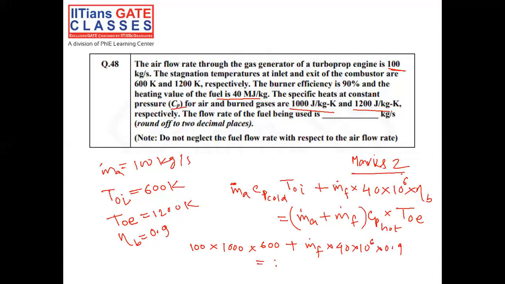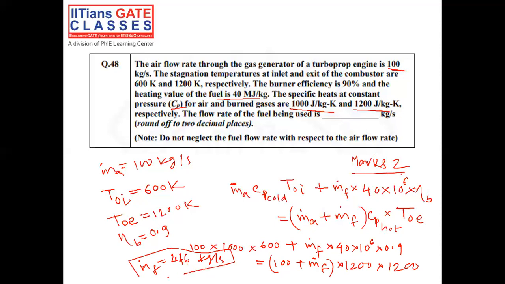So this will be equal to (100 plus mf dot) into 1200 multiplied by 12. If we solve this equation, mf dot we will get as 2.46, I think. Okay, so this is the correct answer.